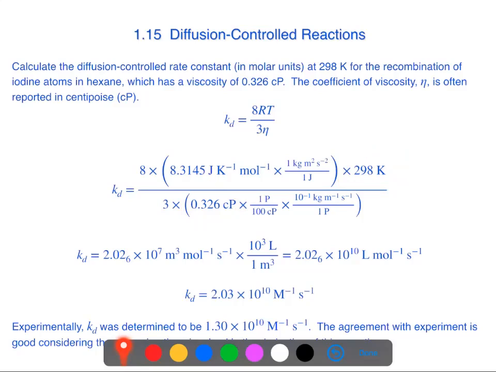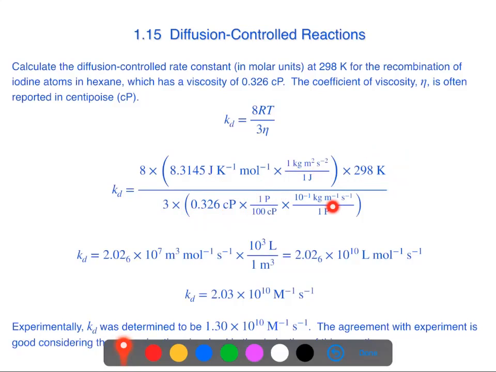Now with these questions, there are unit conversions that you must carry out. So for example, joules we need to convert to kilogram meter squared seconds minus 2. Centipoise we have to convert first to poise and then from poise to kilogram meters minus 1 seconds minus 1.